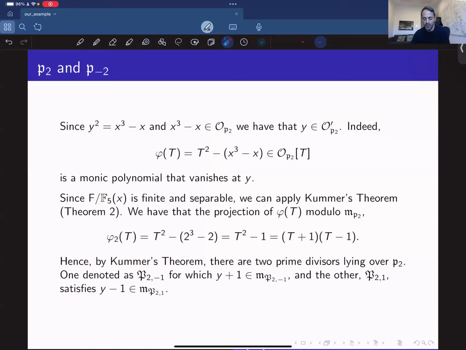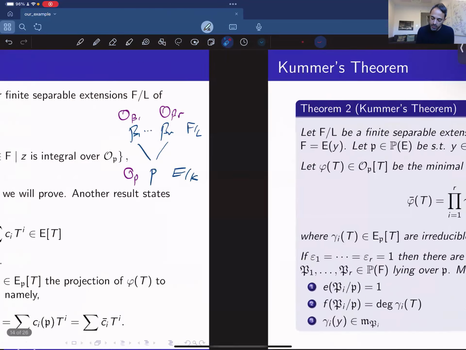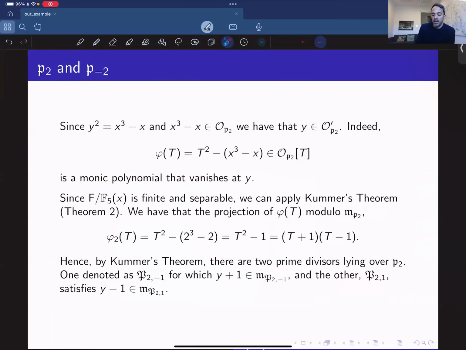So it's comparably easy to verify that an element is in O prime P using this other characterization, rather than the intersection, because you don't know the intersection. Currently we're trying to figure out what the P's above little p are, and this is something that you can do intrinsically over OP, as we just did. Okay, so we know that y is in O prime P2.